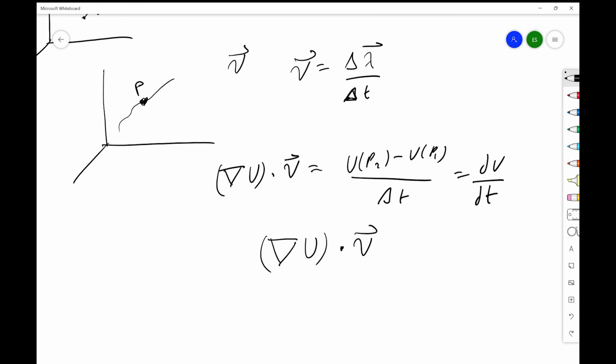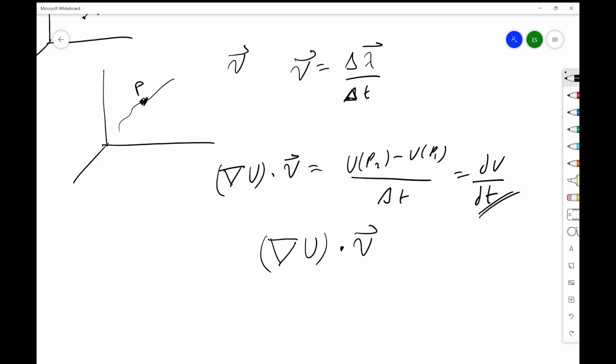Let me give you a very concrete example. If I give you a scalar field, a temperature field, the temperature in the room, you can take its gradient. That will give you a vector field. If you take that vector field at a certain point and you dot it with a velocity at that point, that means a particle or a really tiny person passing that point with that velocity is going to feel a certain rate of change of temperature.